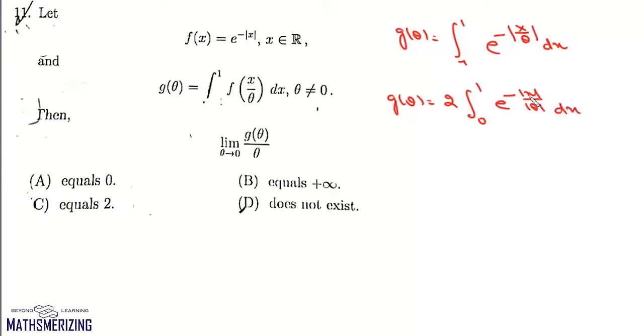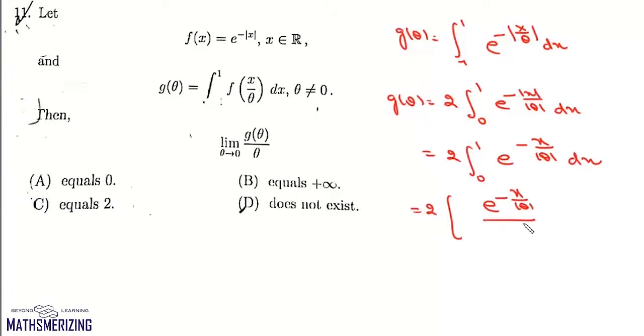Now when x is greater than 0, mod x is simply x. So it will be 2 times the integral from 0 to 1 of e to the power minus x upon mod theta dx. Now if we integrate this function, we can write this as e to the power minus x upon mod theta upon minus 1 upon mod theta, from 0 to 1. So we can write g(theta) as 2 times mod of theta and then 1 minus e to the power minus x upon mod theta.